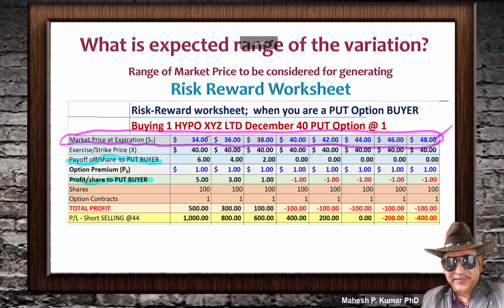So we are assuming that on expiration the price of the share can be 34, 36, 38, 40, 42, 44, 46 or 48. We will make our risk reward worksheet for these price variations.